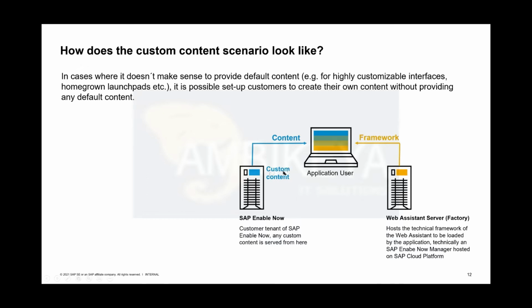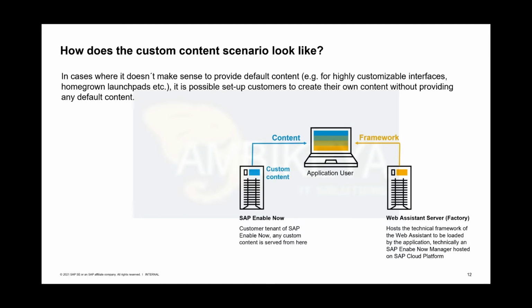In that case, we have to configure that particular Launchpad for custom content only, which means there is only one server involved, which is the customer tenant of Enable Now, and all the contents, learning and in-app help content, are exclusively delivered from that particular URL. Could be on-prem, could be cloud, depending on the scenario. Still, the framework is the same.